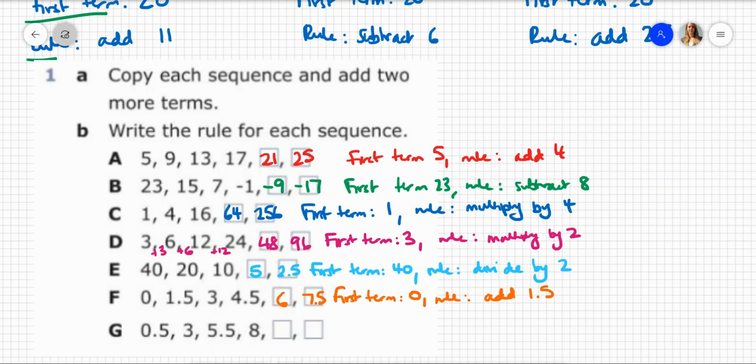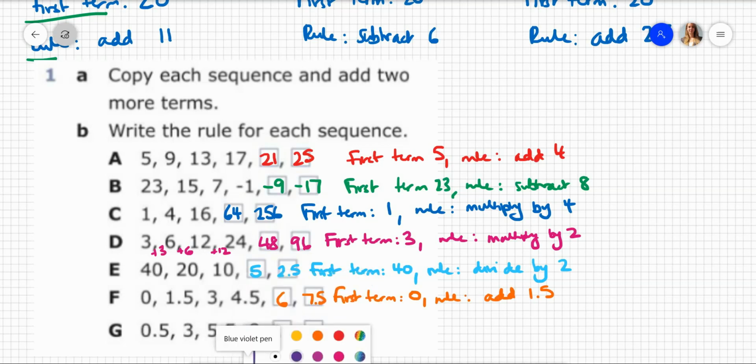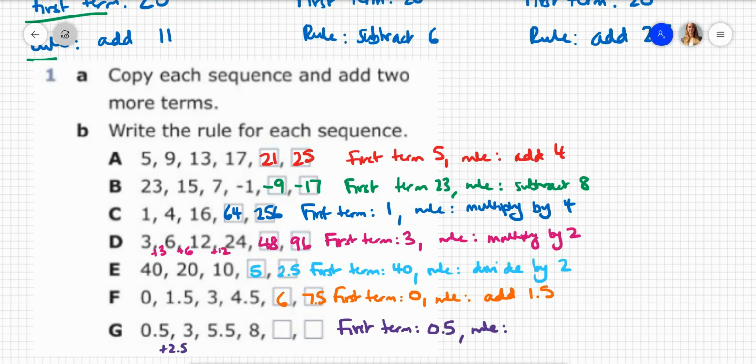And then our last one, we've got first term is 0.5, and what's going on? Let's see, we've added 2.5 here, 2.5 here, so clearly the rule is add 2.5, so we'll get 10.5 here and 13 here. So that should be your answer for question 1. So can you mark that, please?